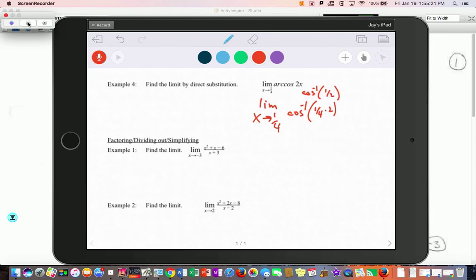So if you remember, cosine inverse only produces answers in the top 2 quadrants. So that's where cosine inverse works. And cosine is positive in these 2 quadrants. So the overlap is in the first quadrant. So when does cosine produce a 1/2 in the first quadrant? If you look at the unit circle, that's at 60 degrees.